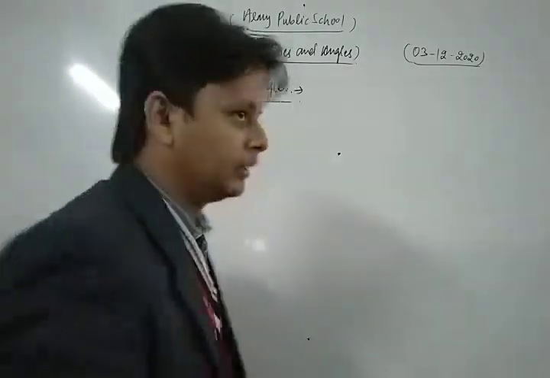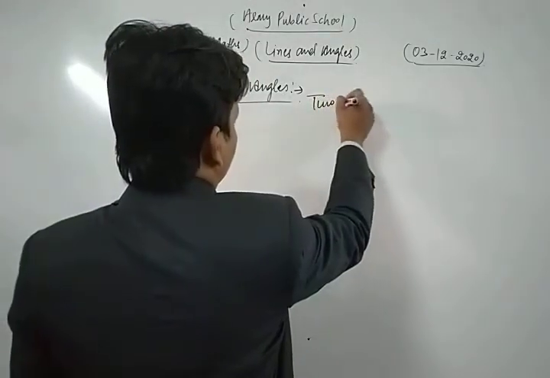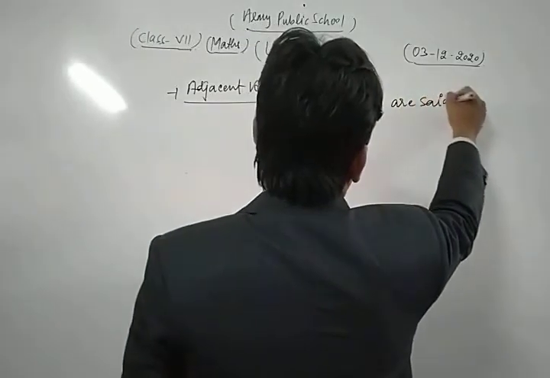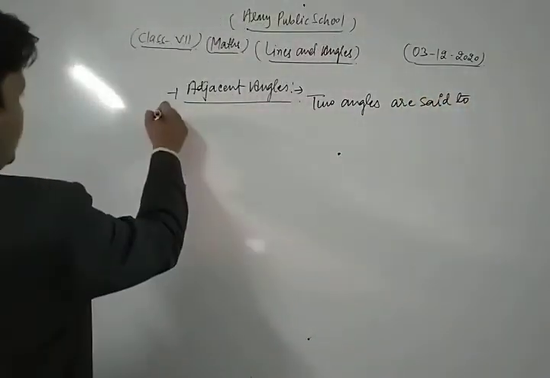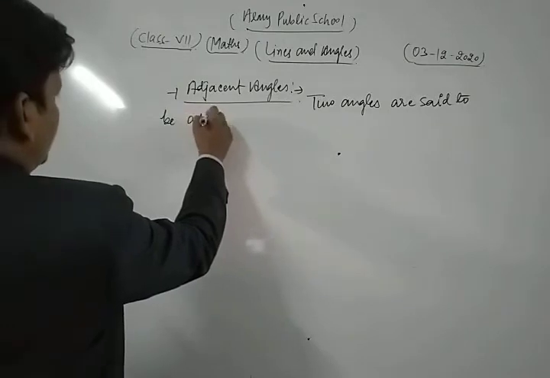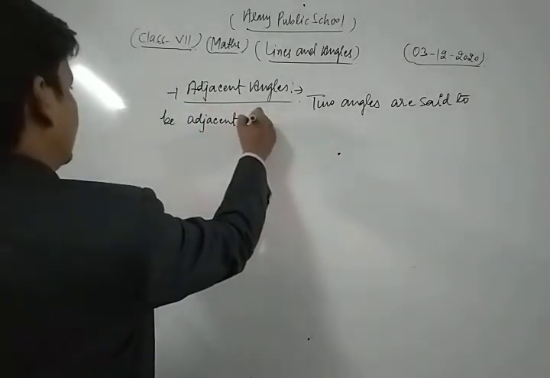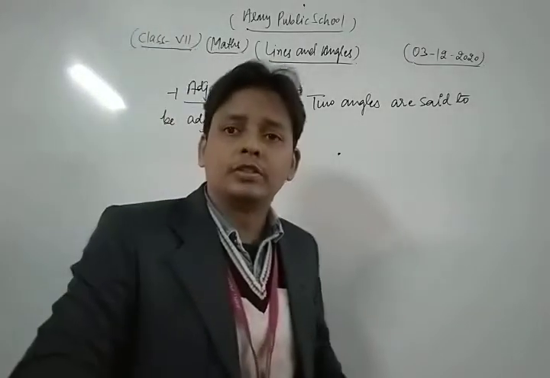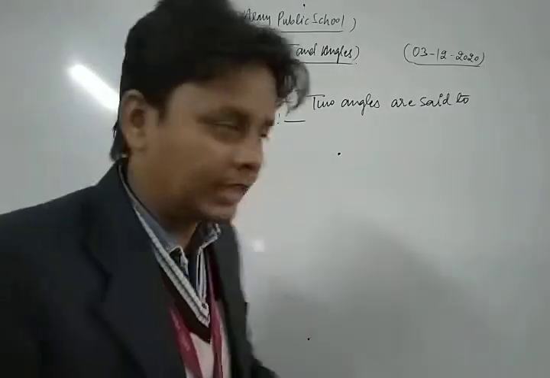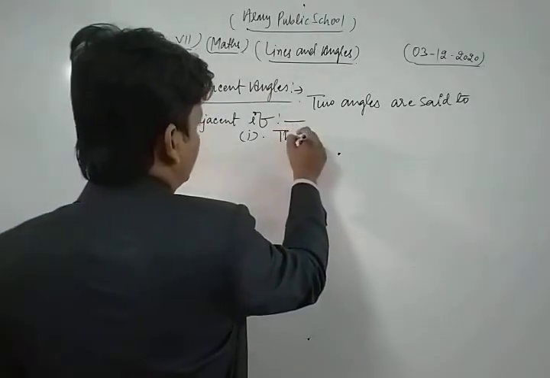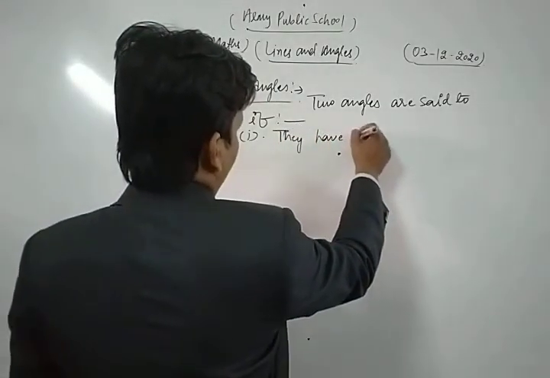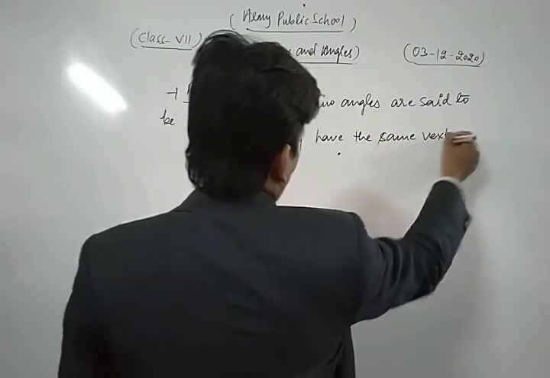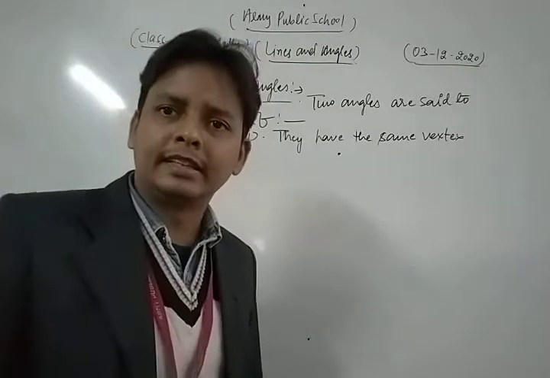Two angles are said to be adjacent if, first point, they have the same vertex, or you can say a common vertex.